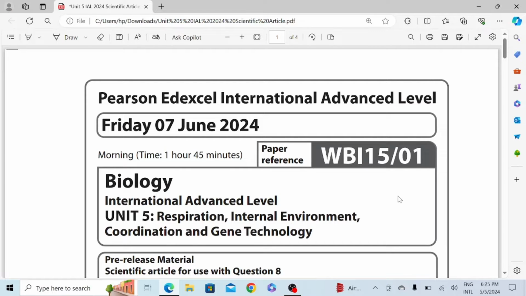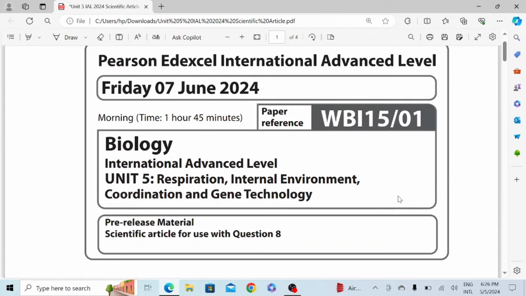In case you are not clear about it, in the exam itself you would have another copy of the scientific article given to you. You cannot carry your own scientific article in the exam hall, obviously, but you will be given a new one in the exam hall, so do not worry about that.